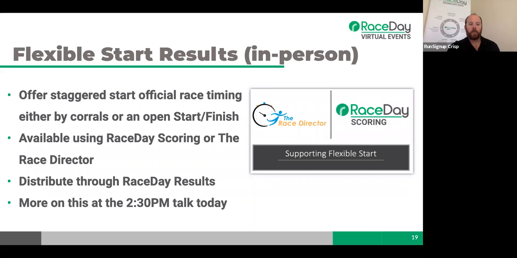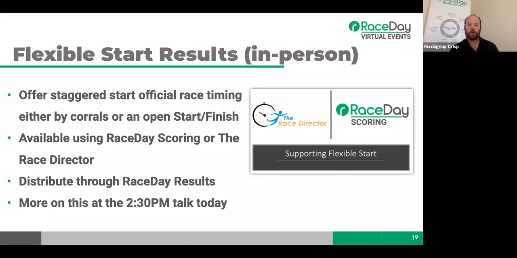So then, and we kind of touched on this just then on that last slide, and that's the flexible start results for in-person races. This is offering a staggered start for official races that are timed, either by the corrals or the open start finish.